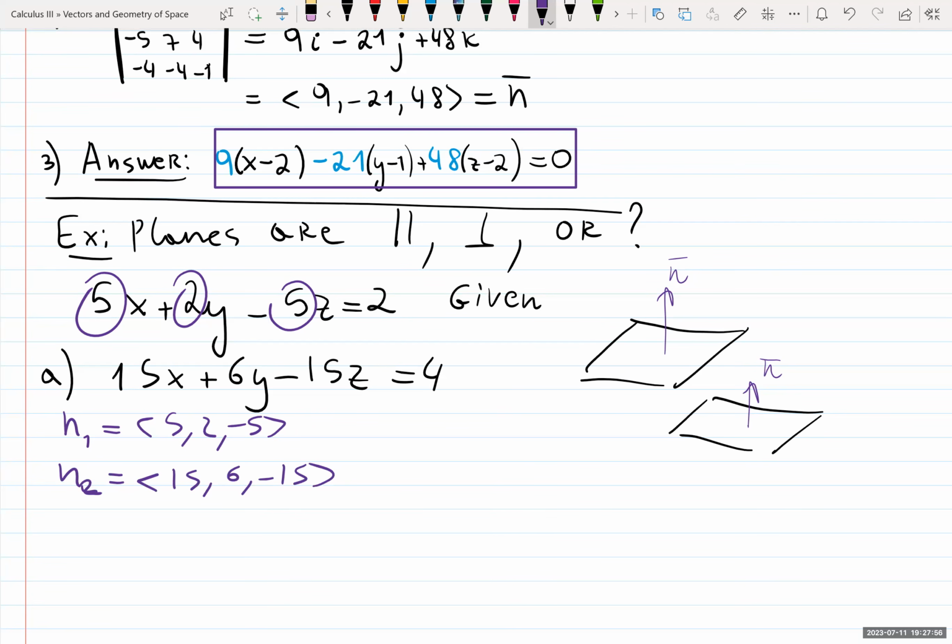Yay! They are scalar multiples. So the answer: these are 2 parallel planes. Just one vector is bigger than the other one, but they're still parallel, right?